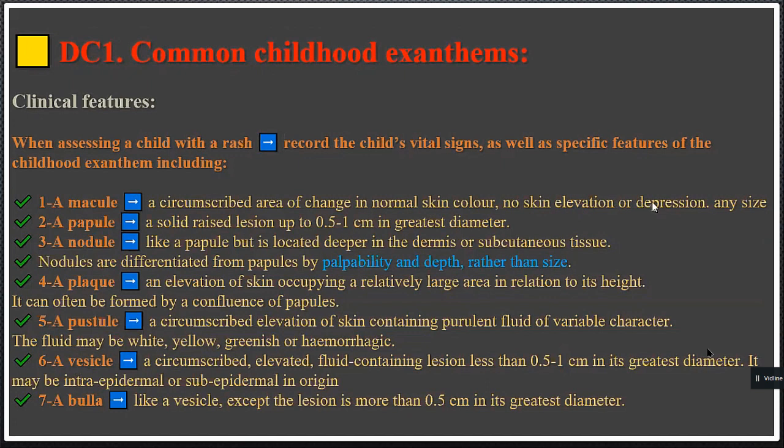It's not elevated or depressed, the only difference is an area of change in normal color. So maybe red, but no elevation, no pus, no depression, meaning no ulcer. So it's called macule. Only a change in the color.